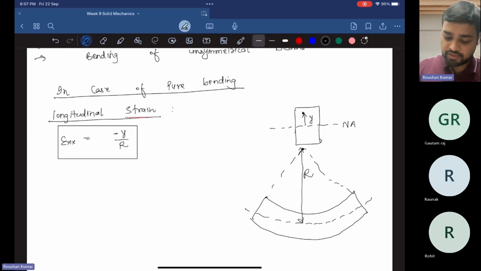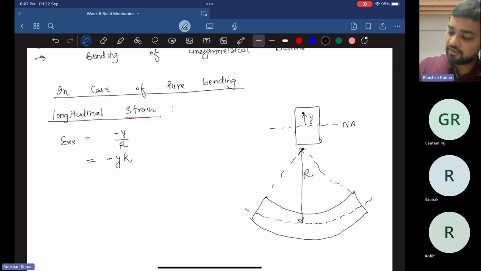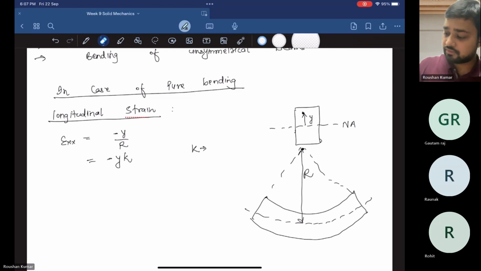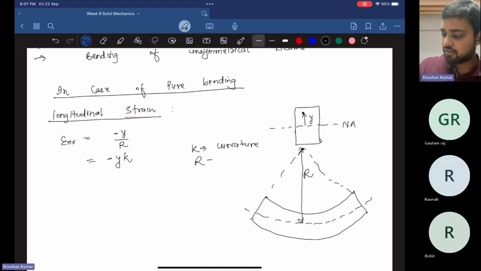It can also be written in terms of another value. 1 by r is what we call curvature, so the strain is minus y into kappa, where kappa is the curvature and r is called the radius of curvature.